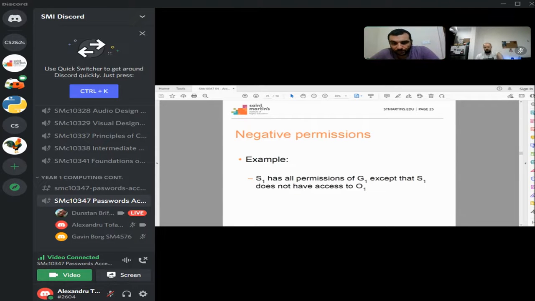So this particular student would have access to everything a student normally has, but they will put in the exceptions. So we say, except this particular object, this resource, right? So like this, we don't keep creating new groups. We just introduce exceptions. And these exceptions are negative permissions, okay?